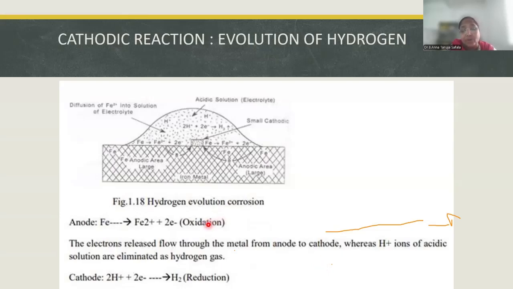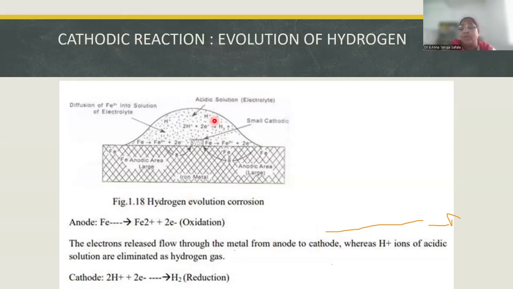When a metal is in contact with acidic environment, the metal cations and electrons will be sent to the electrolyte medium. In the electrolyte, obviously, acidic electrolyte is there, which has more H plus ions.